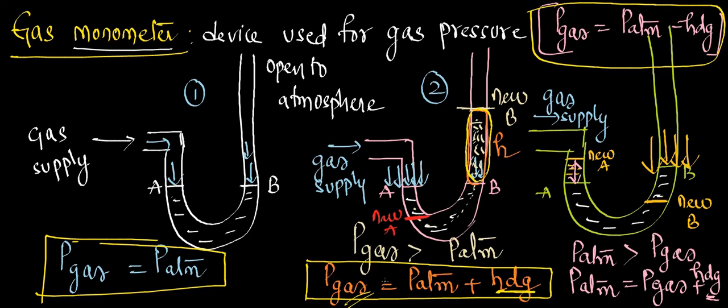Now the third case: atmospheric side pressure is more, so it will be pressure of the gas plus extra HdG. But we want it for gas, so it is PATM minus HdG. You understood this point? Any doubt? If there is a small doubt also, let me know, Gautam. No doubt, ma'am. Understood.